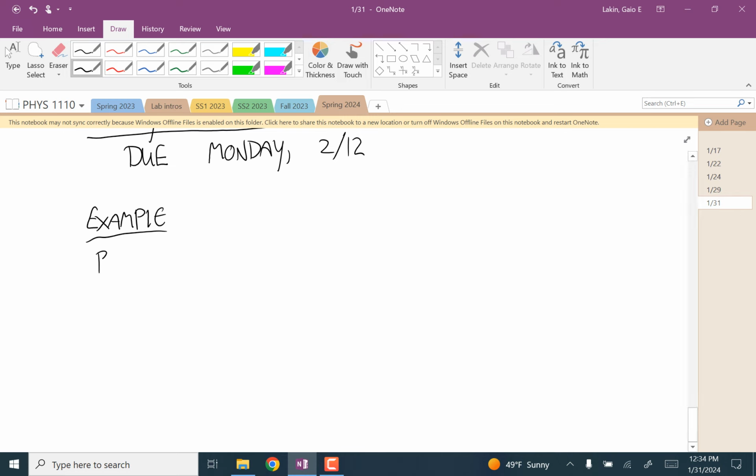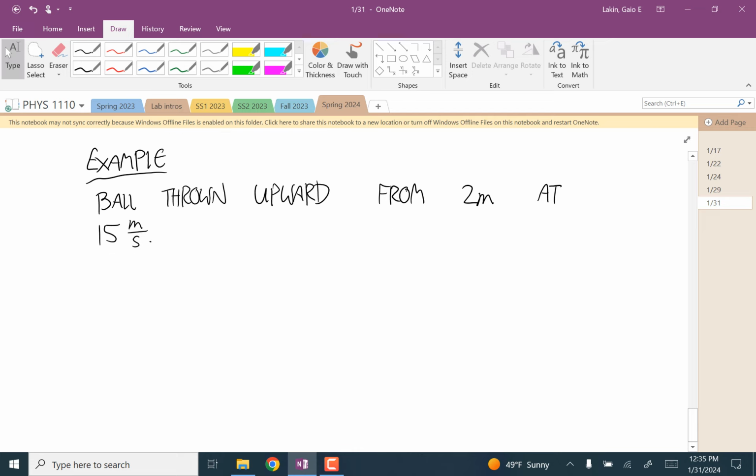So let's say that a ball is thrown upward from a height of 2 meters with a speed of 15 meters per second. So first, calculate the greatest height the ball reaches.